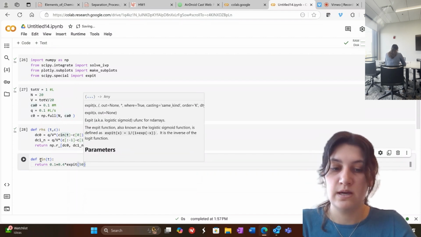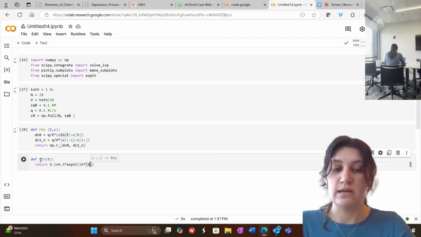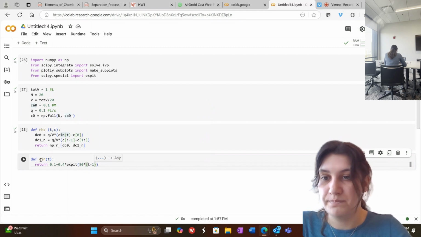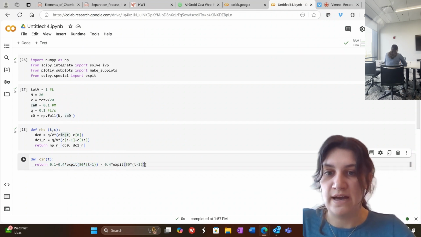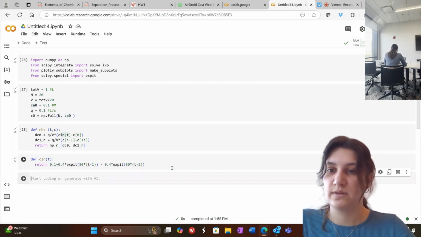So we're going to do 50 times our t. We're going to subtract by 1 since this happens at t equal to 1. Now this is where our concentration increases, but we also know that it reverts back down. So we're going to subtract to show that, instead of at time 1, it's at time 2.